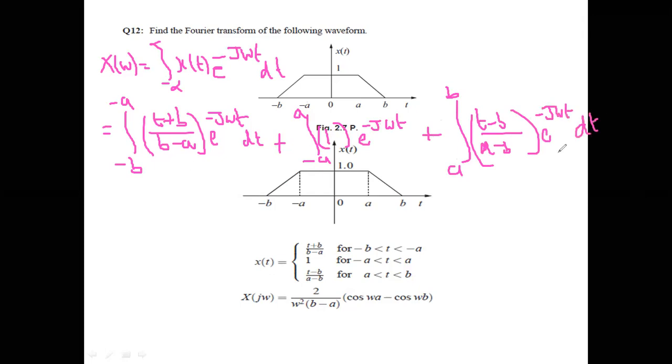So the total is 3 integrals, the range of x of t being from minus b to minus a, minus a to a, and a to b.